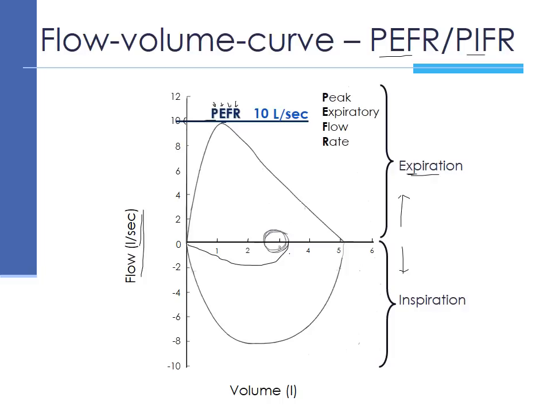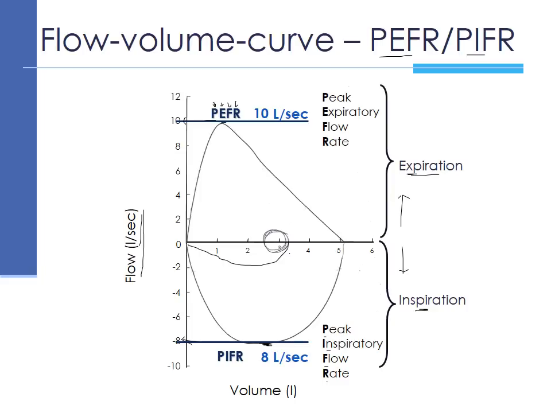Okay, and to the same end, if we draw a line across the highest point, or the peak, of the inspiration curve, that is where we find the peak inspiratory flow rate. And the peak inspiratory flow rate on this graph is 8 liters per second.